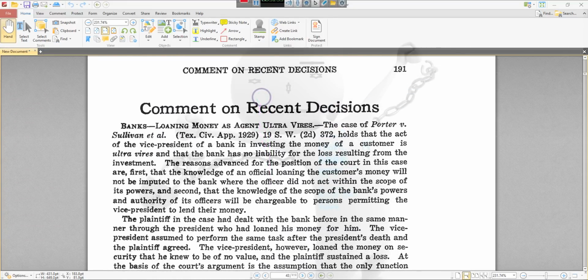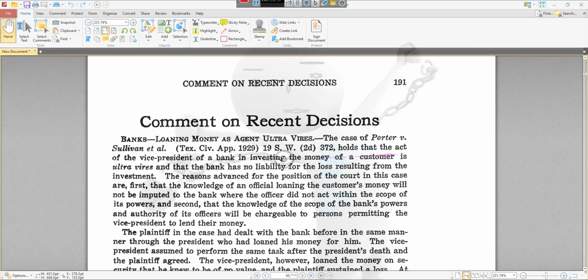Okay, comments. In this particular case, the court held that the act of the vice president of a bank in investing money of a customer is ultra vires, and that the bank has no liability for the loss resulting from the investment.